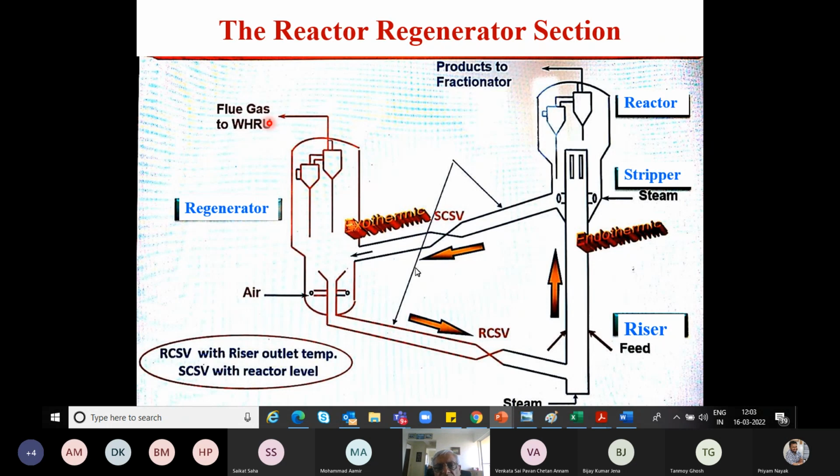So this flue gas is almost 78% nitrogen, and the rest of it is CO, CO2, steam, and SO2. And that is then sent to the flue gas treatment section.